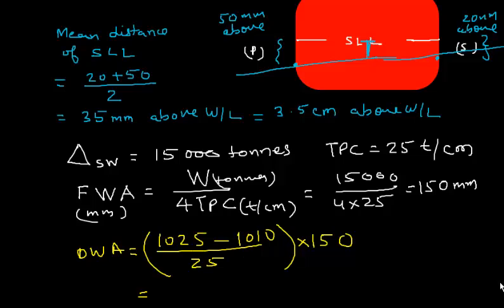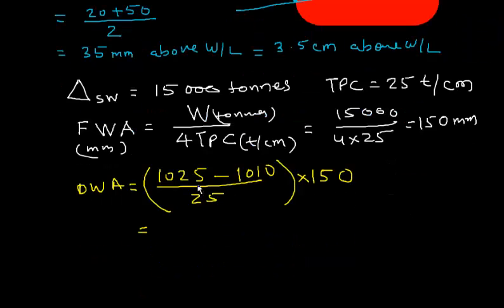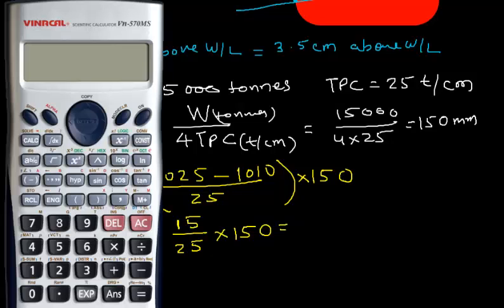Well, this is 25 minus 10, which is just simply 15 divided by 25, into 150. Now all we have to do, use this calci.